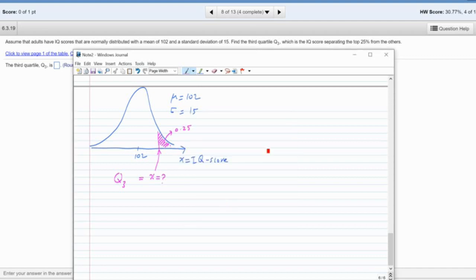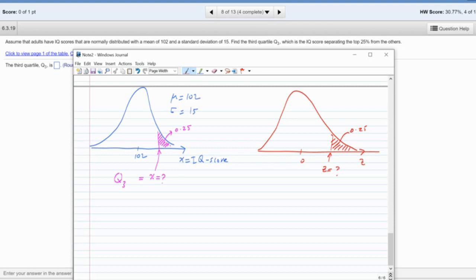Here's a standard normal, Z, 0. Here's your 25% or 0.25, and we have to find this z value. Then we convert this z value to an x value, and then we have the answer.